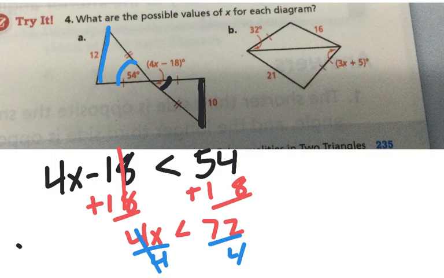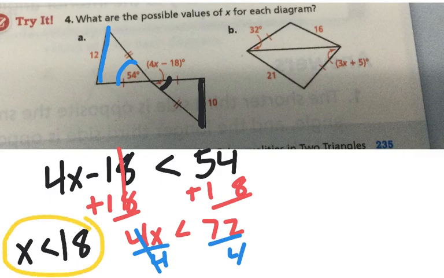That tells me that the x value must be less than, and I'm doing this in my head, so I may miss it, 18. So my x value must be less than 18. Right, and that's all we know for sure.